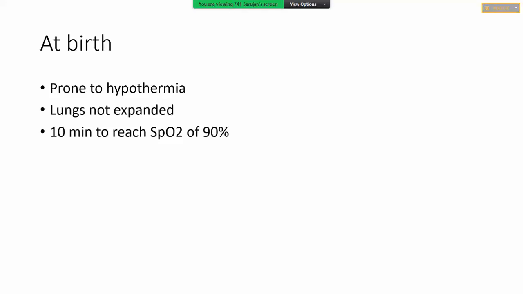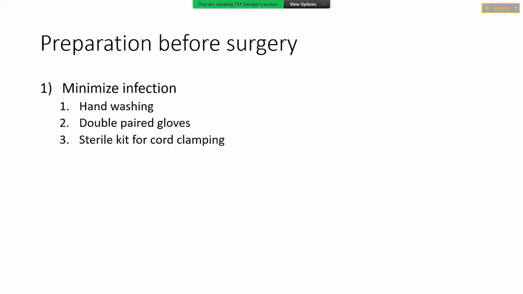Even if you check oxygen saturation soon after birth, some children may have low saturation. To reach 90% oxygen saturation, sometimes it may take 10 minutes. That is what they mean. It happens in some children, not everyone. Most normal children will have 100% at the time of birth, but for some it may take 10 minutes. That is normal.